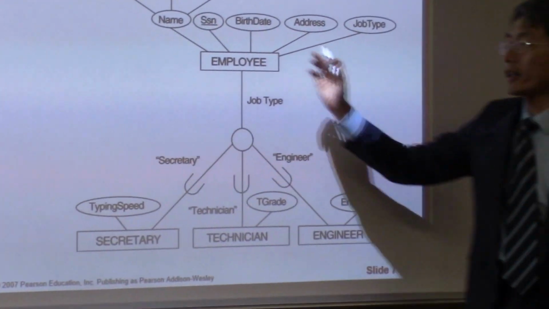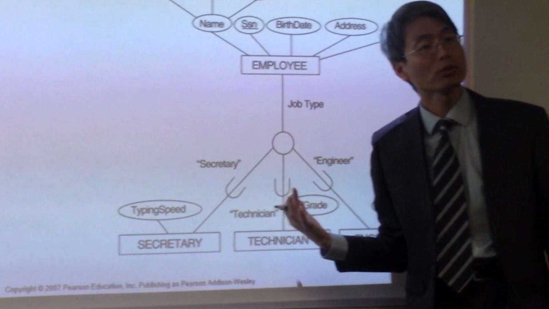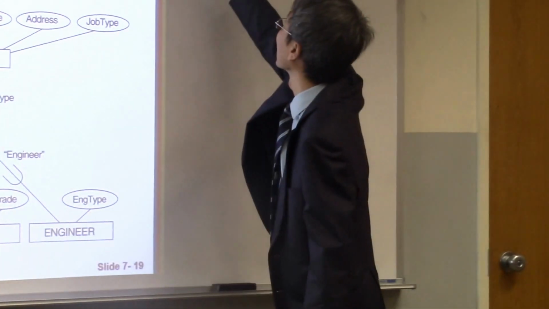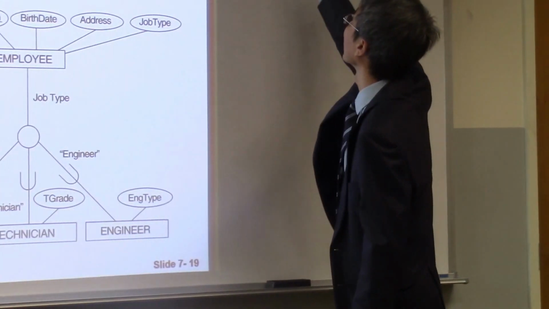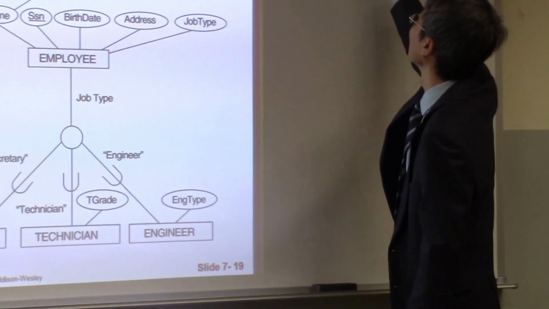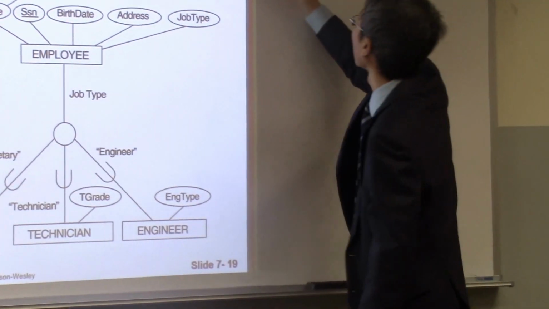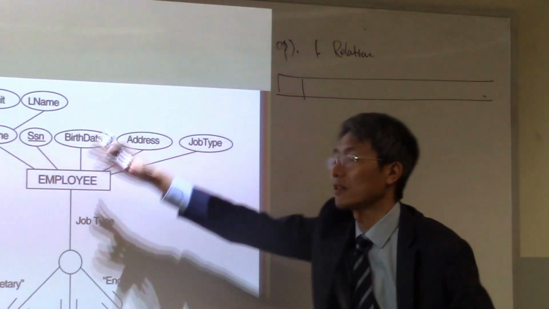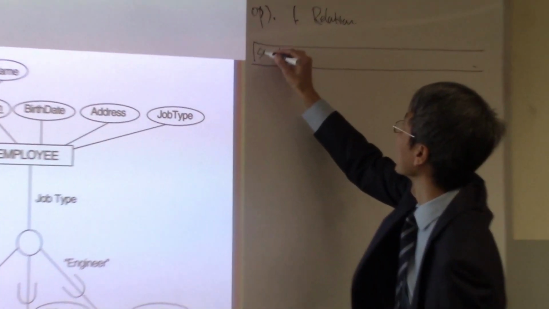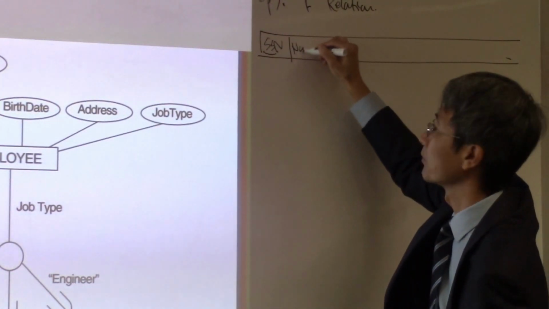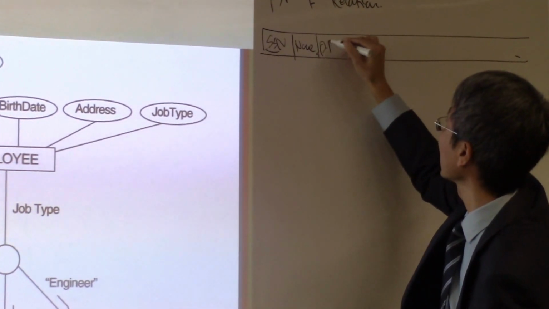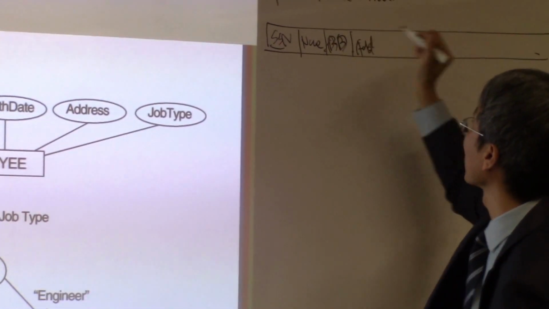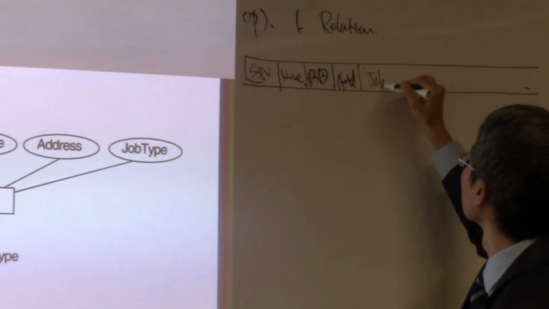Anyway, how many entities here? It's 1 entity. Usually 1 entity represents 1 table, 1 relation. So option 3 is to create 1 relation only. Okay? So 1 relation. What is the primary key? SSN. Then name, birthday, address, DOB, job type.